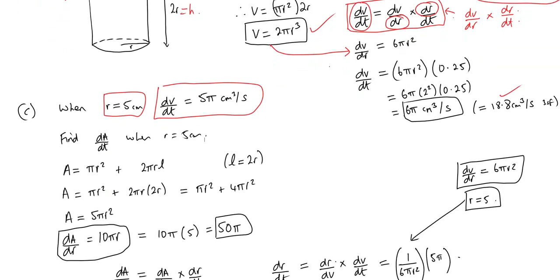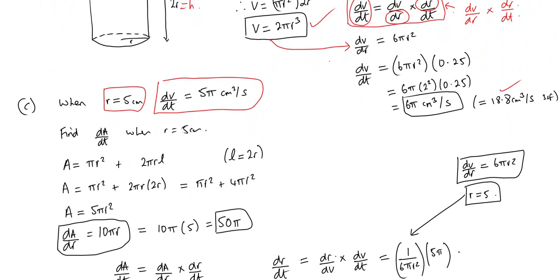So what we have to do is find a formula that connects A and r. Well, you should know that the area of a closed cylinder would be 2 pi r squared, so that's the base. Okay, so we've just got the base, which is pi r squared.